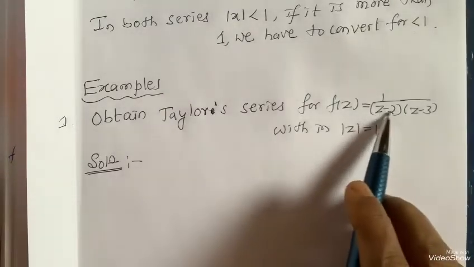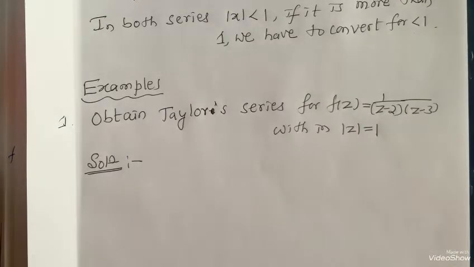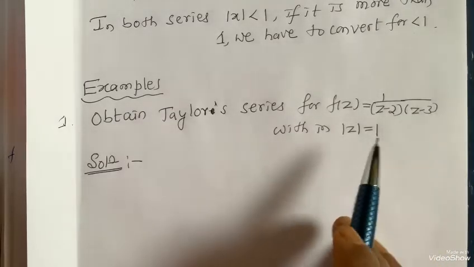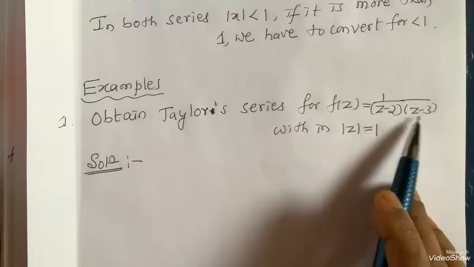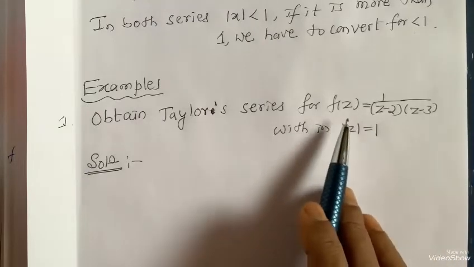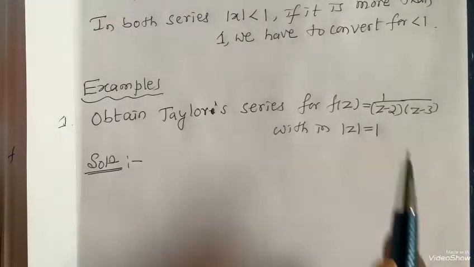But if you compute f dash, f double dash, f triple dash at the point z equal to 1, it is very difficult because it is a quotient with two factors. In such examples, usually all are of the same type.